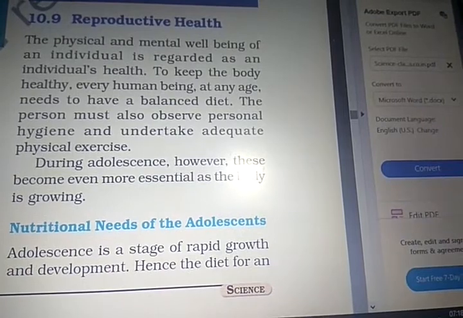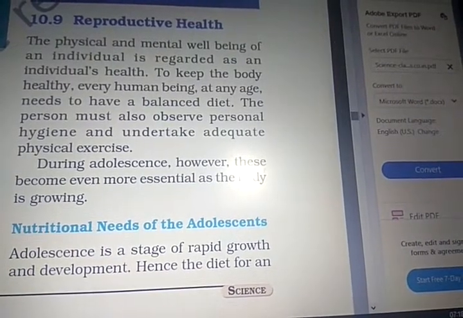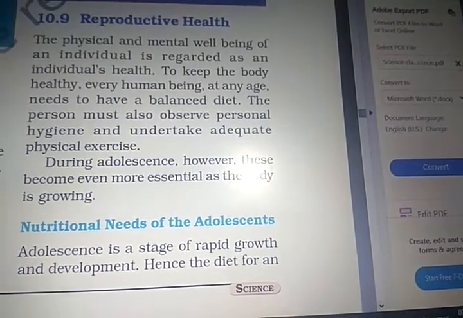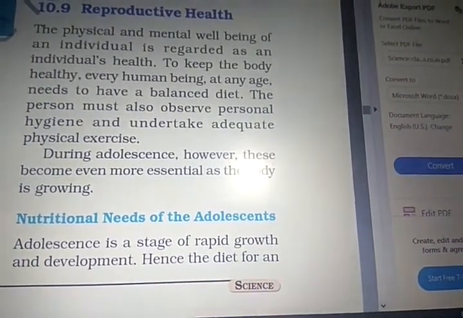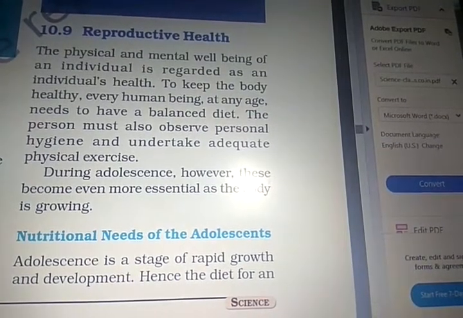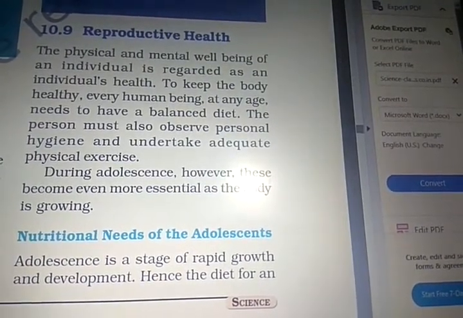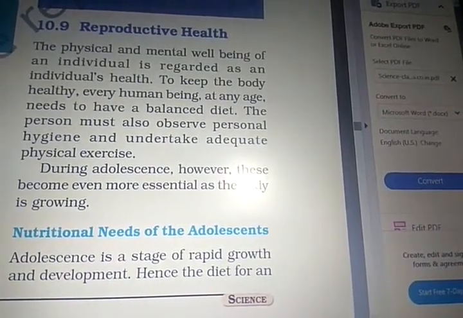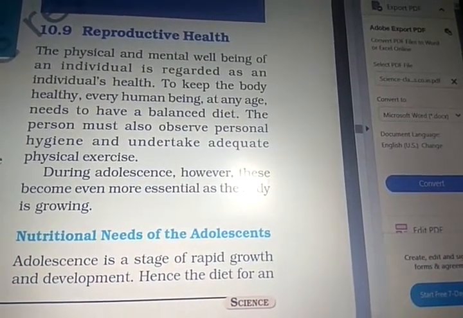During adolescence, however, this becomes important, even essential, for body growth, right? Now the next point is the nutritional need of adolescents. At the time of adolescence, meaning you people, you require, for adolescence is the stage of rapid growth and development.